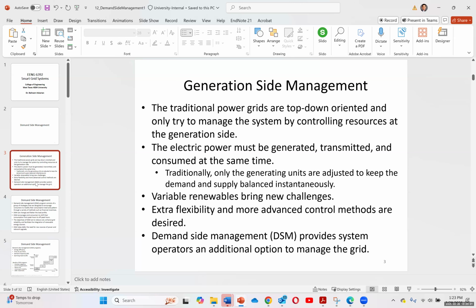Variable renewable brings new challenges as well because we don't have any control of that. If we have a solar power plant or a wind power plant, we cannot control the generation side. So that creates uncertainty in the system as well. Sometimes we have cloudy skies, or the wind doesn't blow, or we don't have enough rainfall, even if we have a hydropower plant.